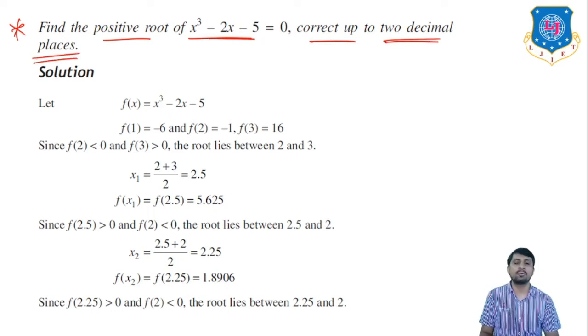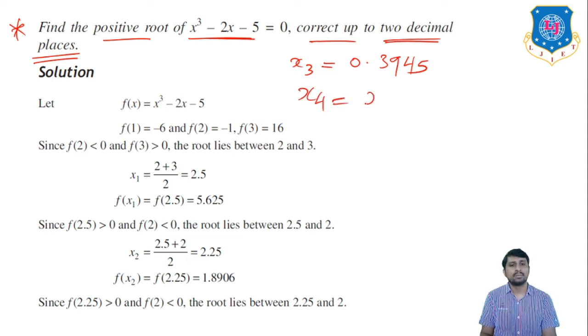Correct up to 2 decimal places means, suppose your third approximation x3 is 0.3945, and x4 is 0.3849. Up to 2 decimal places, after the point you have 39 here and 38 here, so you still have to continue this process.